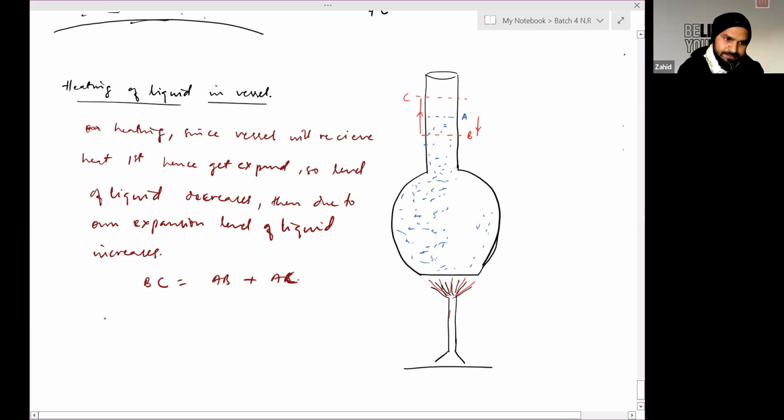So we can say a real expansion of liquid is equal to AB, which is the expansion of the vessel, plus AC, which we will observe, or we can say the apparent expansion.